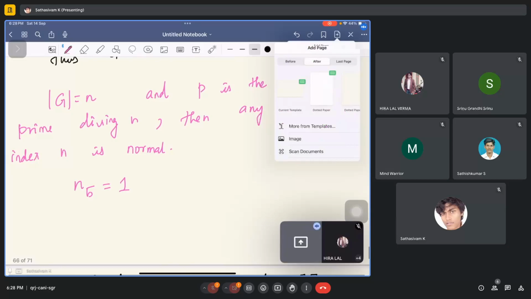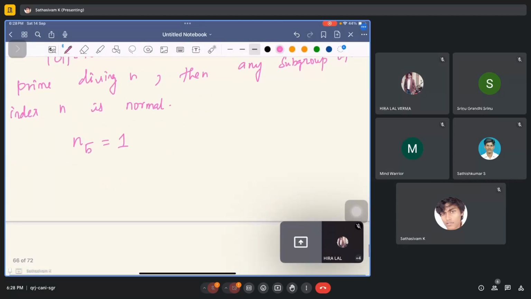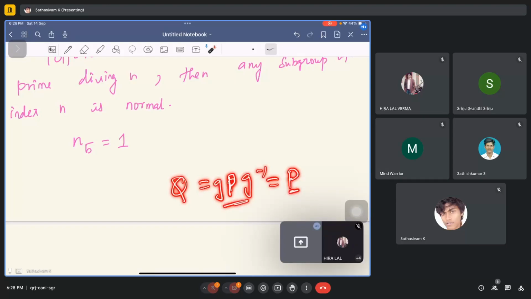Because the Sylow second theorem says any two Sylow subgroups are conjugate. If you take any other Sylow 5 subgroup Q, it is a conjugate of P, but P is normal, so Q is equal to P.